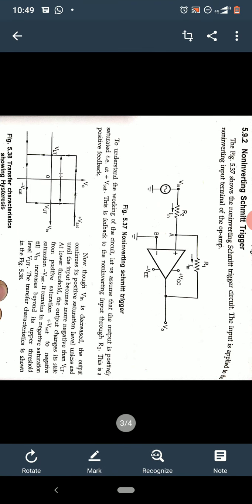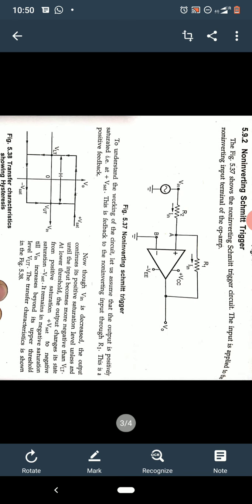Once V input is just more than VUT, again it goes to plus V saturation. So like this you will get positive and negative levels one after another, plus V saturation and minus V saturation.